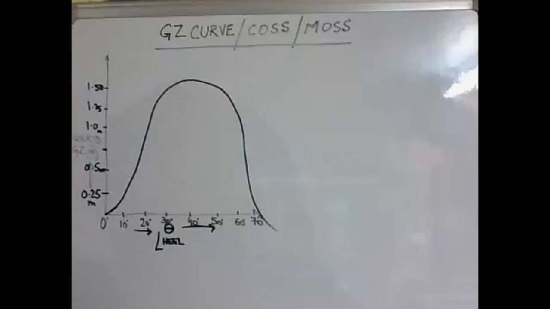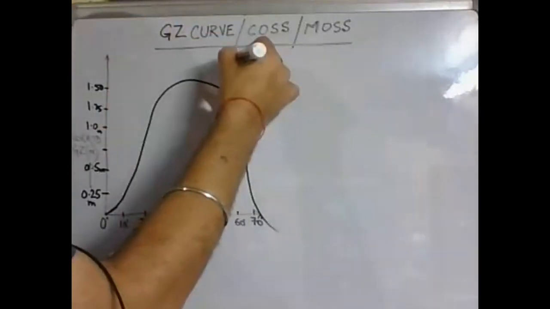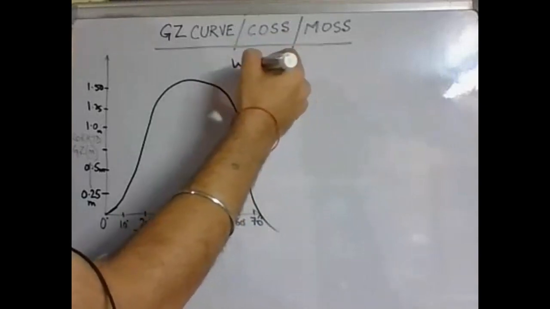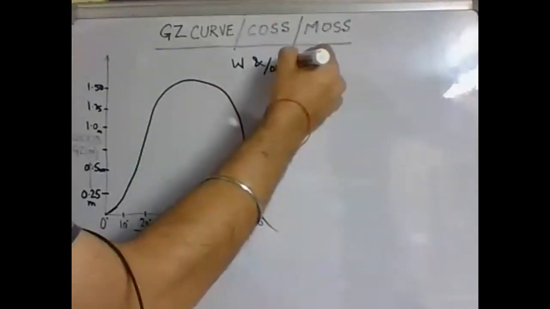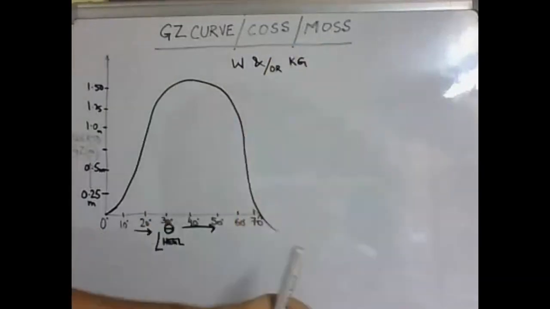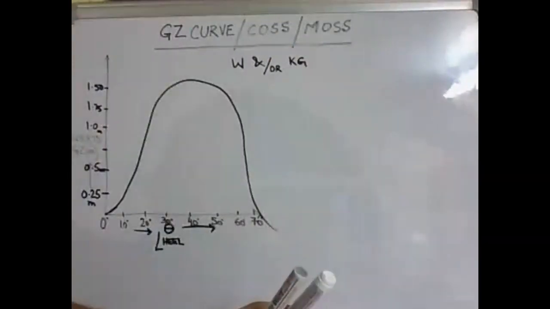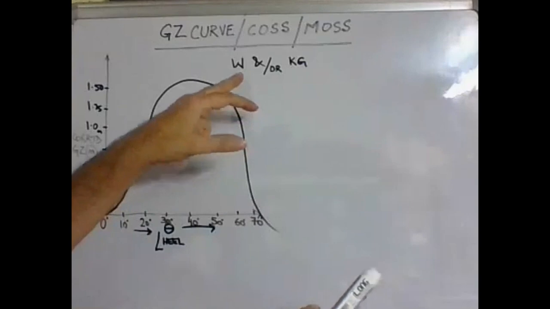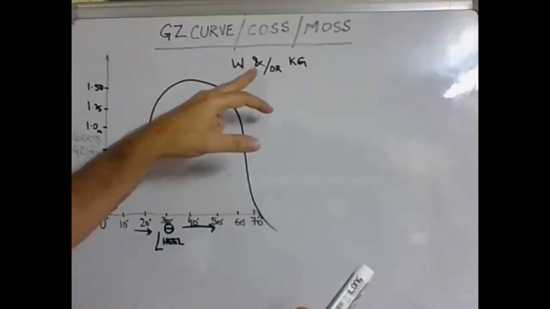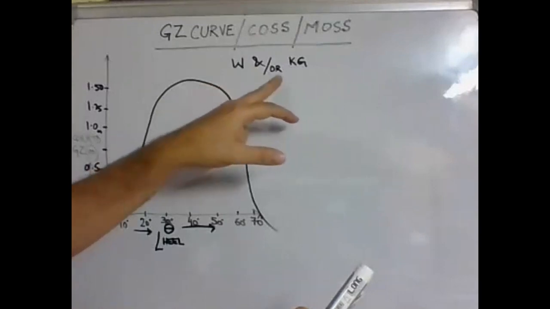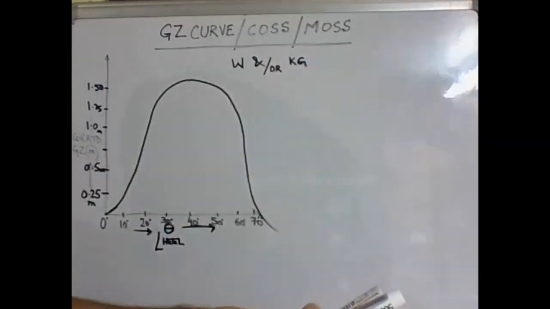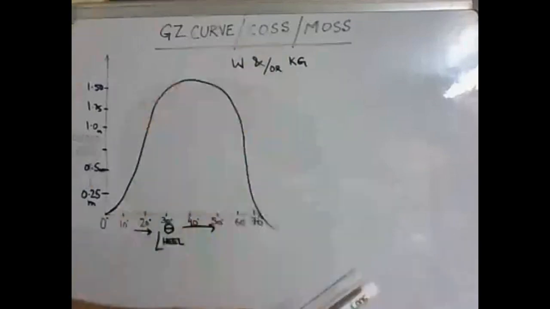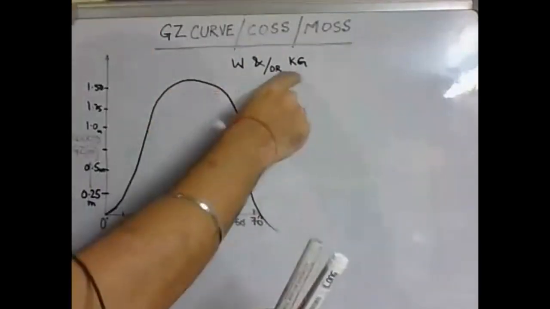A GZ curve is dependent on W, that is displacement, and KG of the vessel.